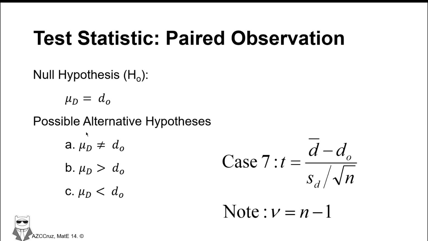That is the observed difference in your paired observation before taking the pill and after taking the pill. Okay? So that will be our d naught.